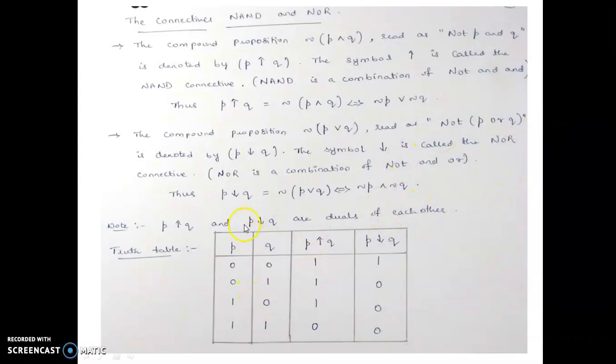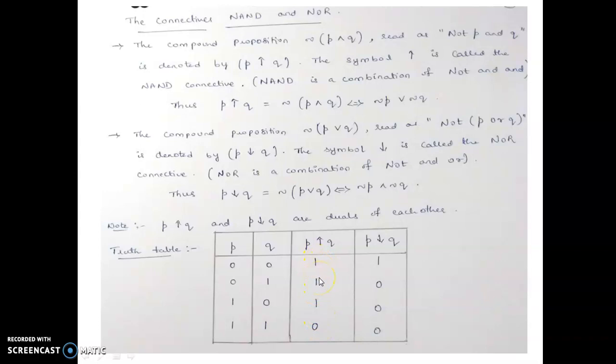So here we have a truth table of NAND and NOR. NAND is exactly the opposite of AND. If you do the AND operation between P and Q, you get 0, 0, 0, 1. But NAND is exactly opposite: 1, 1, 1, 0.